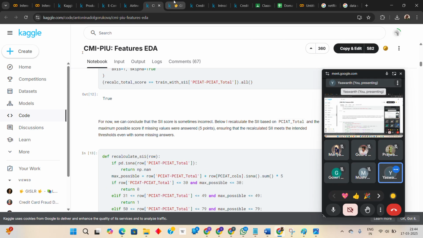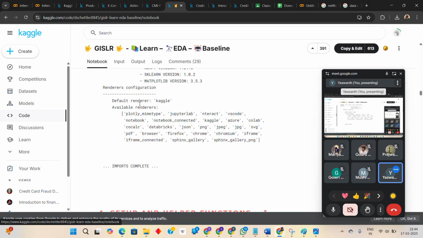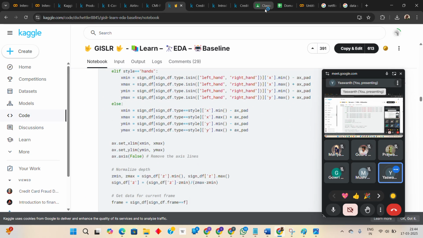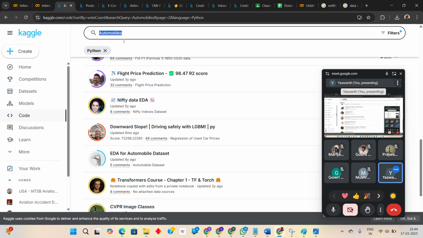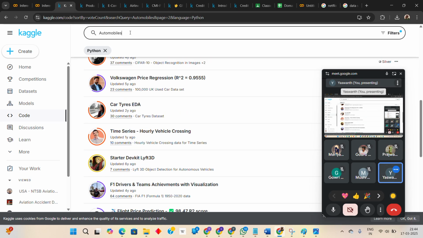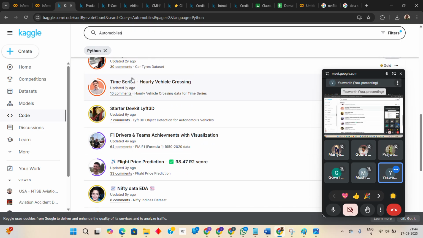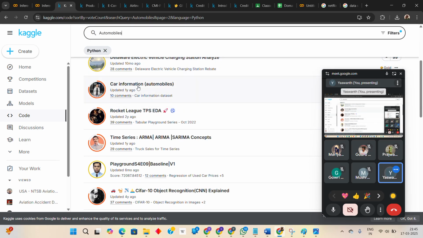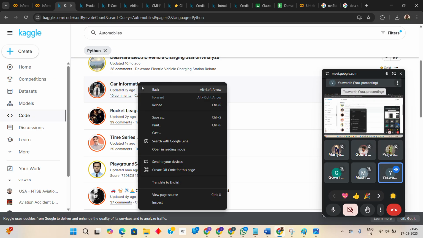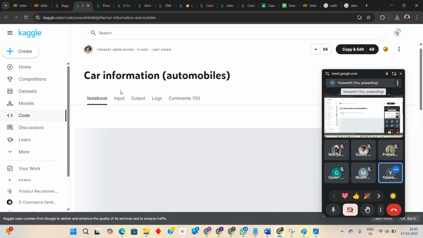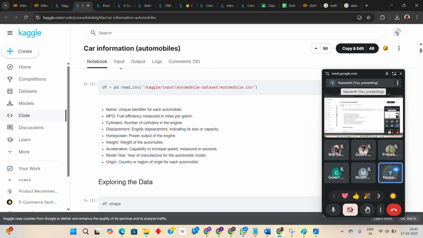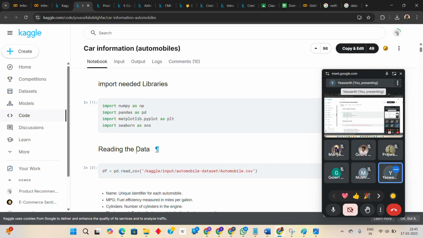Let me take a good Kaggle one, the automobile one. Car manufacturing, car information. If you see any project inside Kaggle, they follow the same.